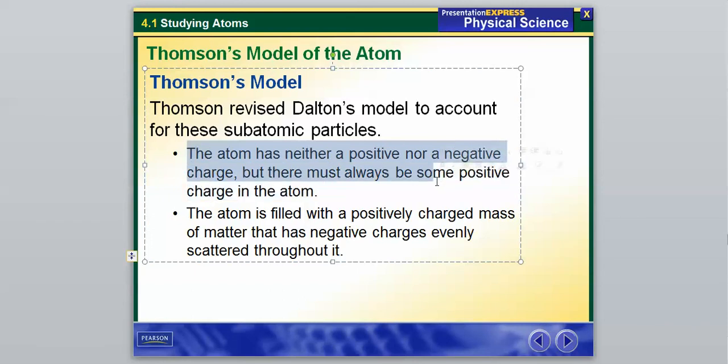He did not know where, but he knew that overall we could not say that an atom was positive and we could not say it was negative. However, it had both of those components somewhere inside of it. So it's filled with positively charged mass of matter that has negative charges evenly scattered throughout it. That was how he explained the model of the atom: positive charges that have negative charges scattered throughout.